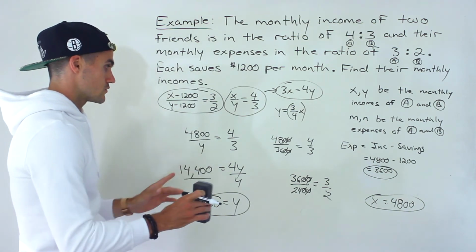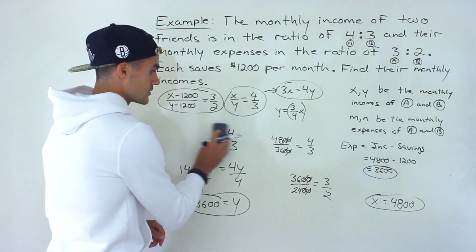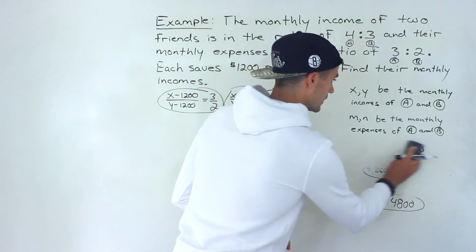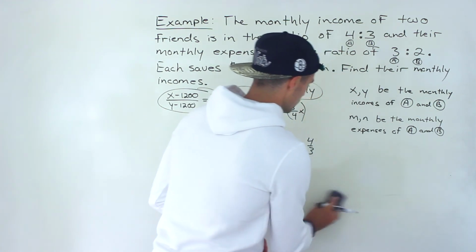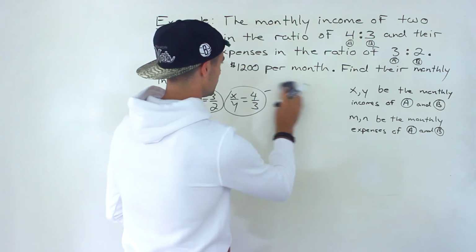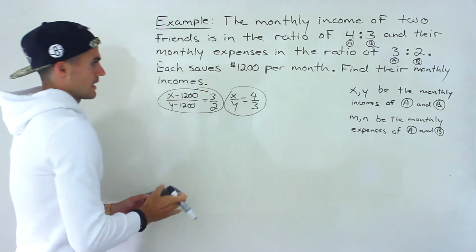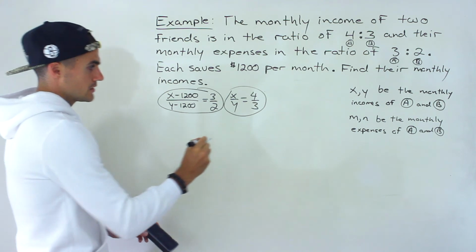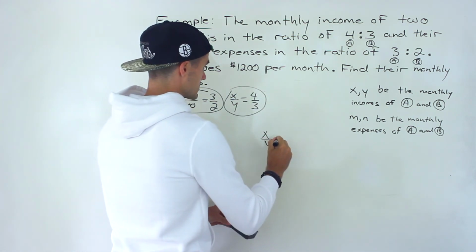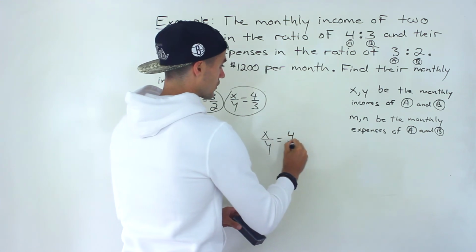Now, to finish off, what I want to show you is how to solve this with one variable. Again, it's a little less intuitive, but what you can do is, at this point, let me write this out again. We got x over y equals 4 over 3.